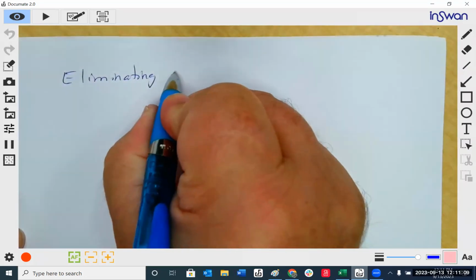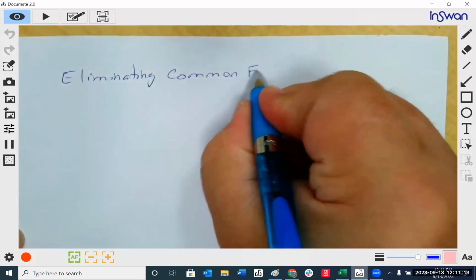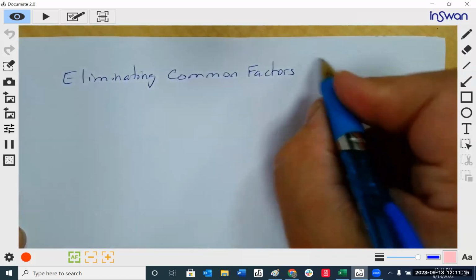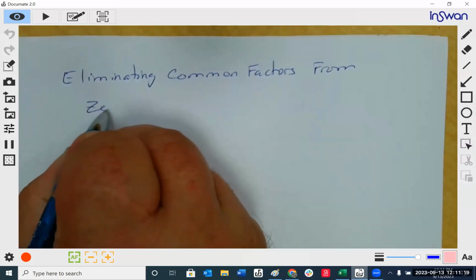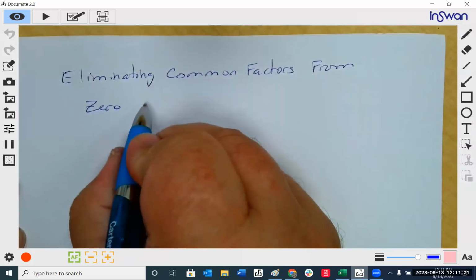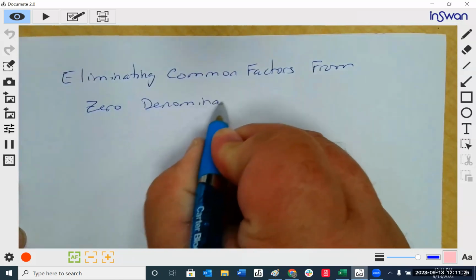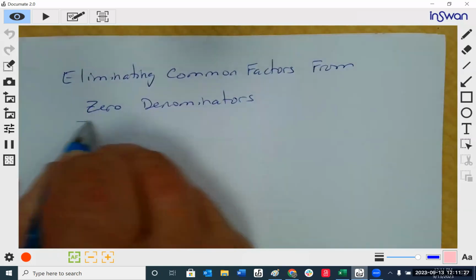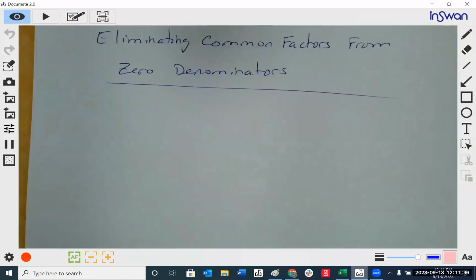Eliminating common factors from denominators. Speaking of rational functions, we have other options.